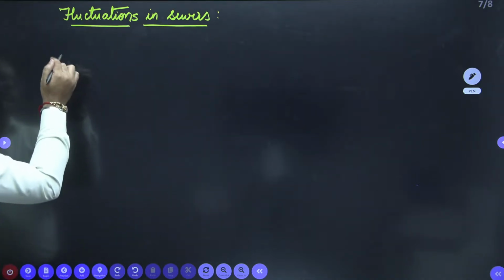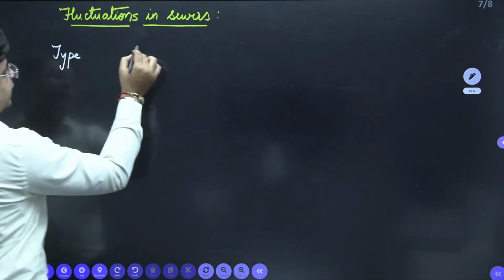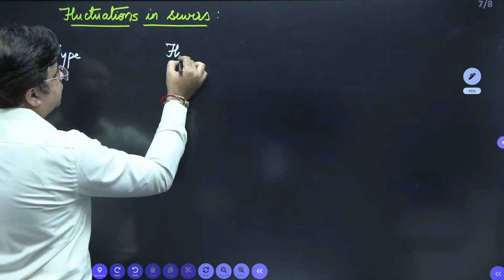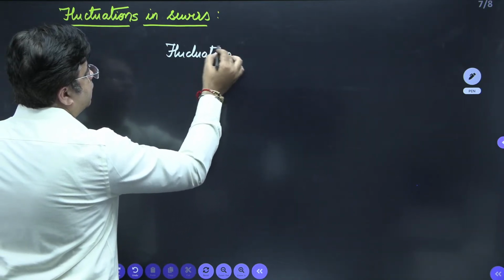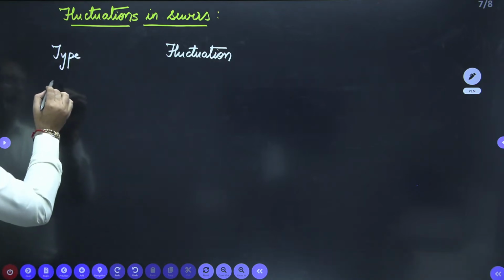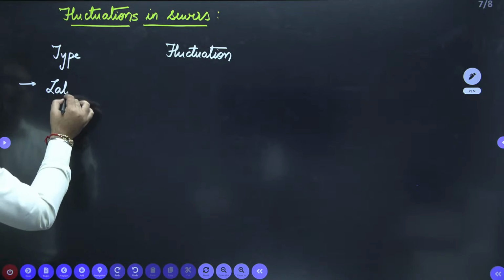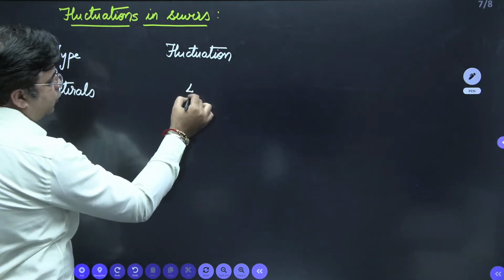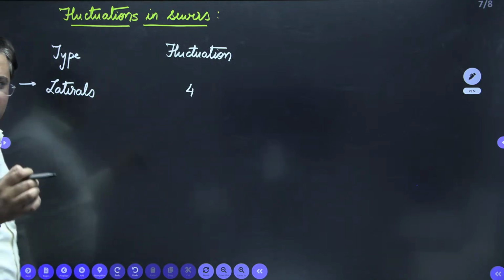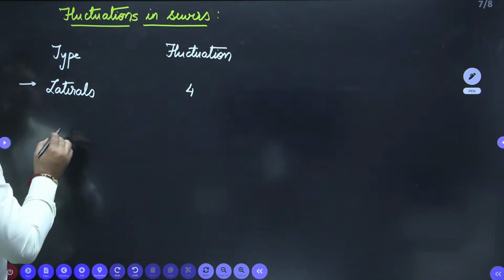First one is, okay, here I will write type of sewers and here I will write fluctuations. So, the first type of sewer is your laterals. For lateral, fluctuation is 4. In just a small while, I will tell you how to use this fluctuation, okay. It is not a very complicated task.